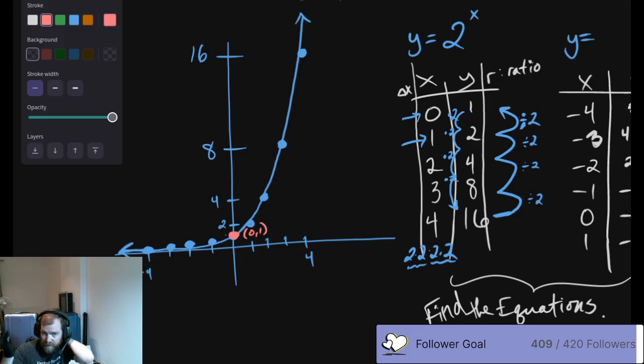Now if you mess with the equation, y equals 2 to the x, in very specific ways, it's going to do very specific things. So again, my students have been taught this at the beginning of the semester, and it takes them about 0.2 seconds to catch on that we're doing the exact same thing for this one that we did for all the other functions that we talked about.